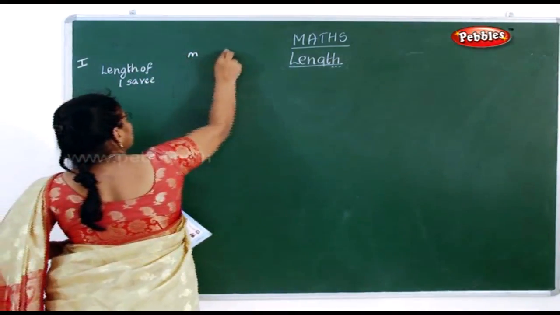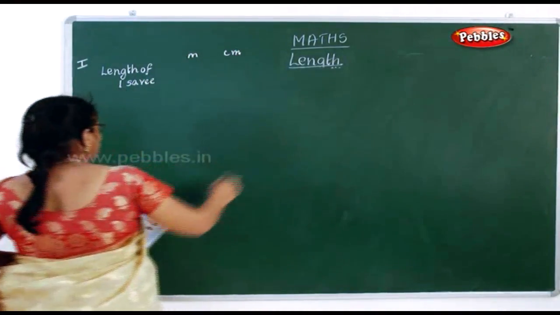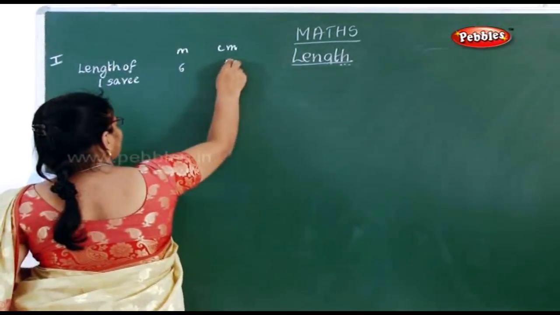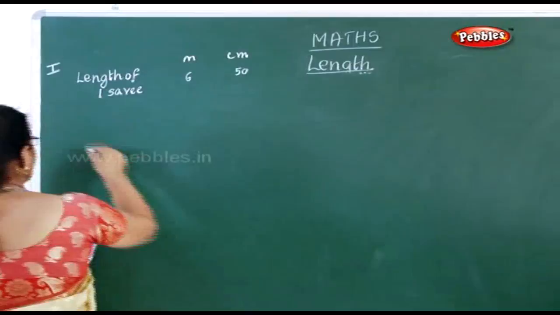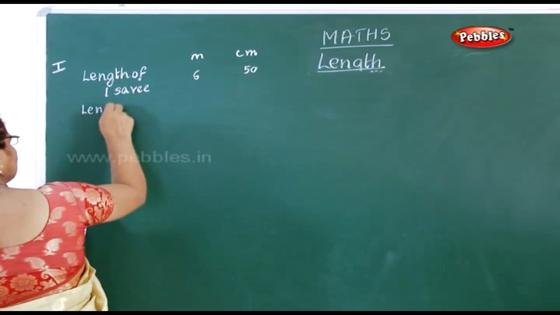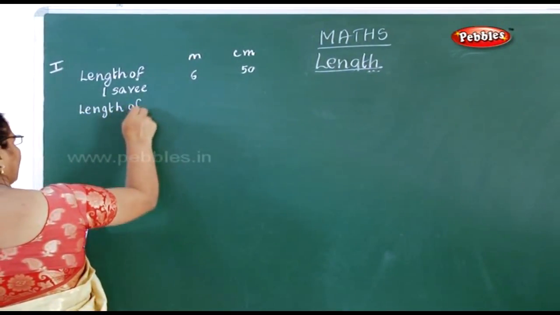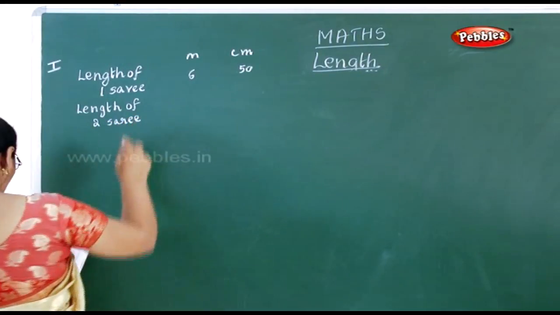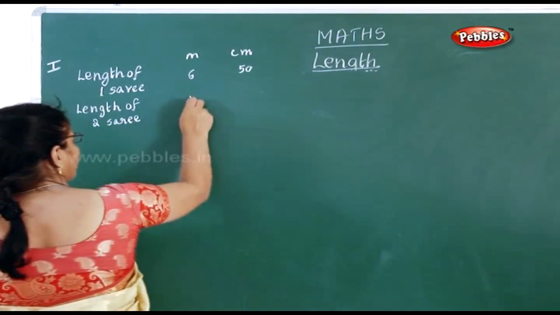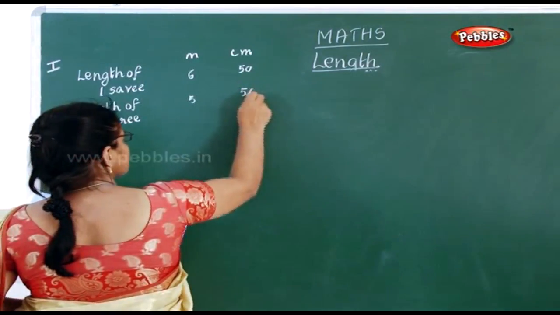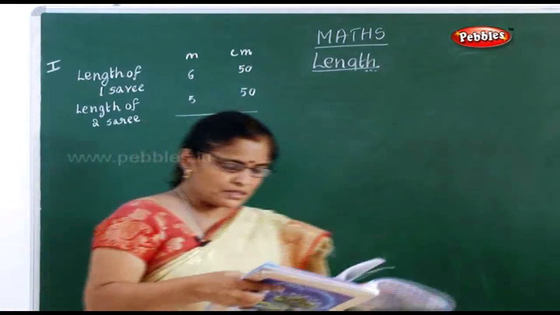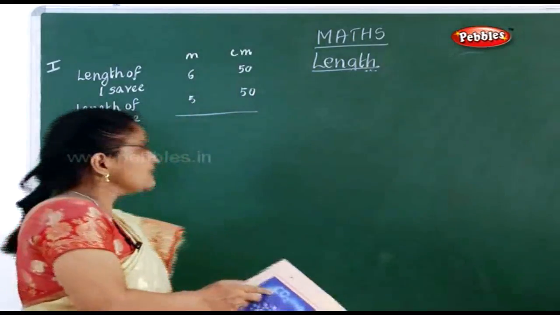So now what you have to do immediately, first one, your statement sum. What is the question? She bought 2 saris, length of one sari. Immediately you have to write meter and centimeter. So the first sari is 6 meter and 50 centimeter. The length of the second sari is 5 meter and 50 centimeter. Now, what is the question they have asked? What is the total length of both the saris?